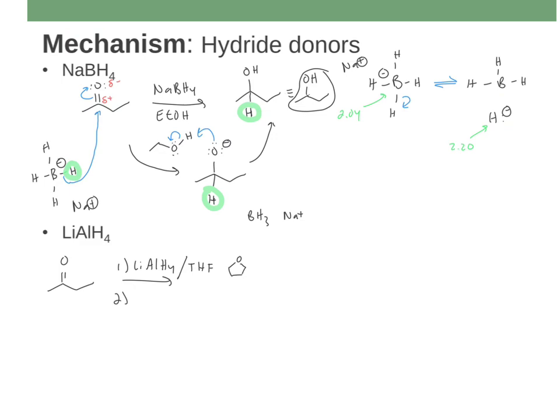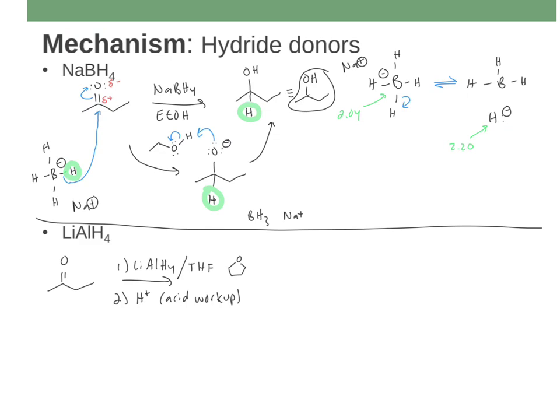And then step 2 is going to be some sort of acid workup, because you just need to protonate the O minus. So the O minus that we had up there, it's the same deal as up above where you have an O minus. It's just in this case, since we have nothing protic in step 1, we need to add something protic in step 2. And so this acid, I'll make a note right here.